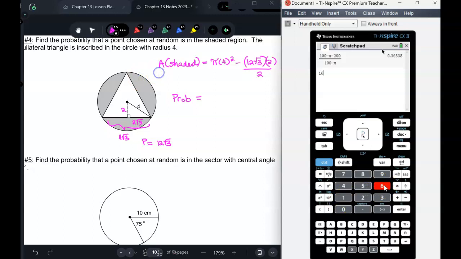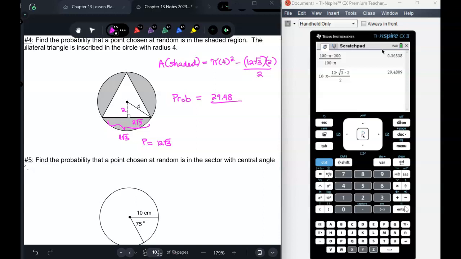So I have 16 pi. Okay. So the area shaded, we get 29.48 approximately, over 12 root 3.